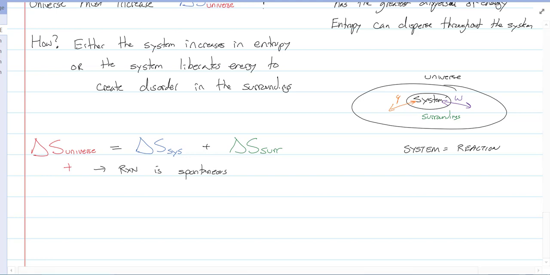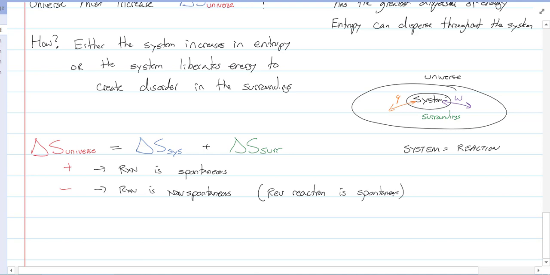If it is negative, that means the reaction is non-spontaneous. Usually the reverse reaction is spontaneous. And lastly, if delta S of the universe is 0, we are at equilibrium.